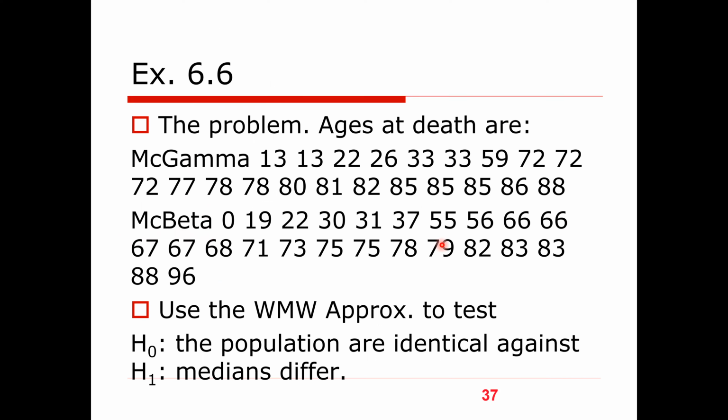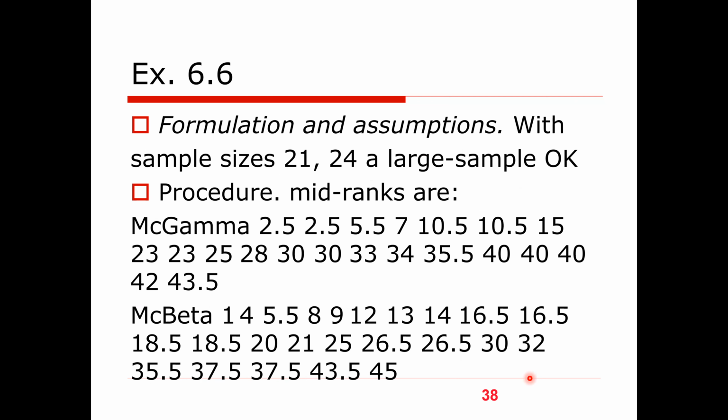There are some ties in the data. Let's use the Wilcoxon-Mann-Whitney approximation. It's a 2-sided test, right? Since sample sizes are 21 and 24 for the 2 samples, M is 21 and N is 24, right?